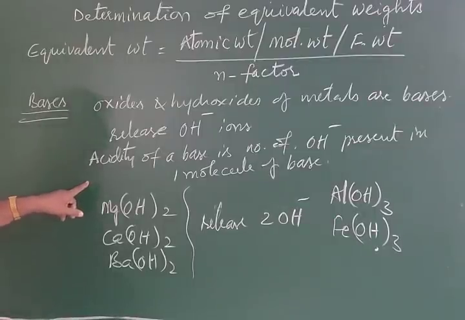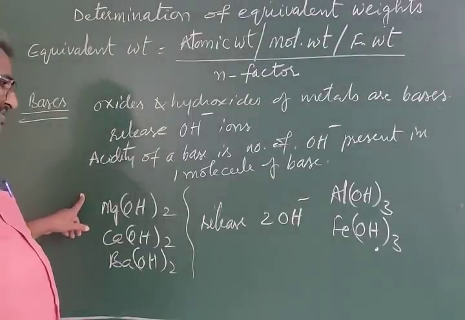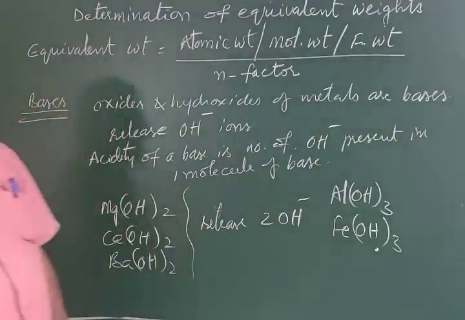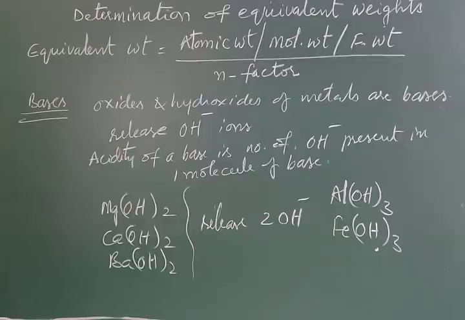For monohydroxy bases like sodium hydroxide, potassium hydroxide, rubidium hydroxide, n factor is 1. For diacidic bases like magnesium hydroxide, calcium hydroxide, and barium hydroxide, as the acidity is 2, the n factor is 2. Like triacidic bases aluminum hydroxide and ferric hydroxide, the acidity is 3, so N factor is 3.